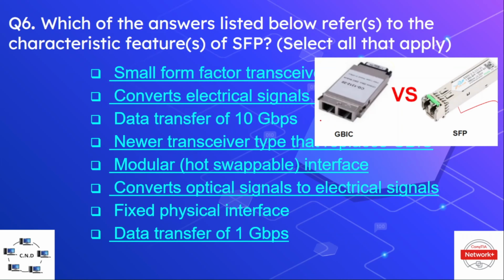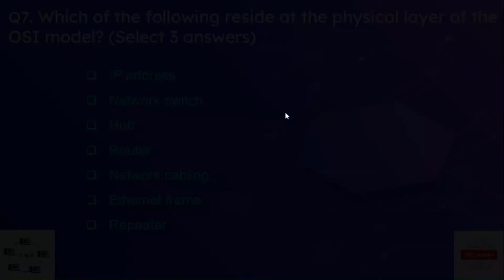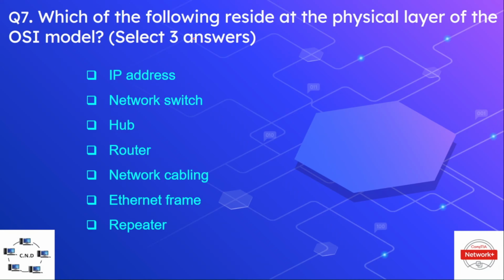So let's get to the next question, that is question number 7. Question number 7 is that which of the following resides at the physical layer of the OSI model? And again, we have to select 3 answers.